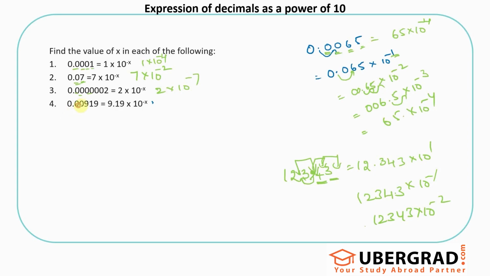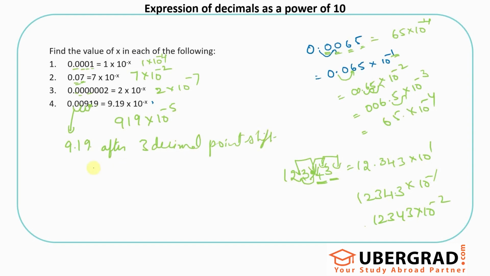There are 1, 2, 3, 4, 5 decimal points. So I can write it as 919 into 10 power minus 5. But that is not what it is saying. It's 9.19 only. See how many places this decimal shifts? 1, 2 and 3. So 9.19 comes after 3 decimal point shifts.